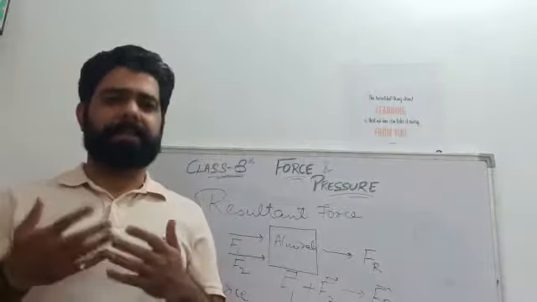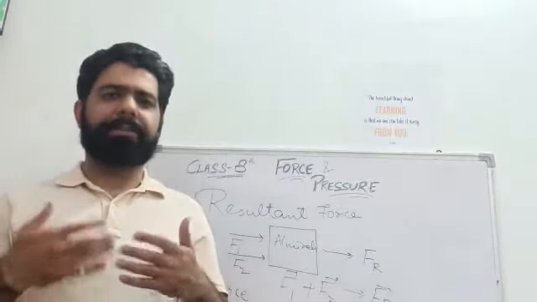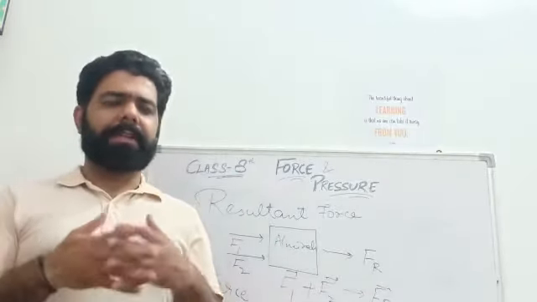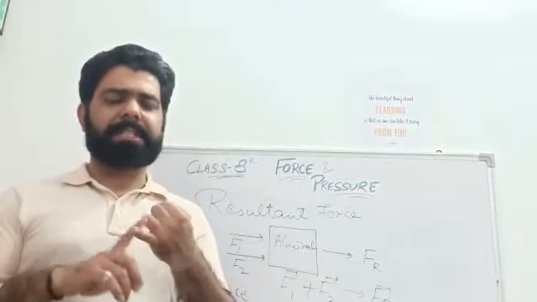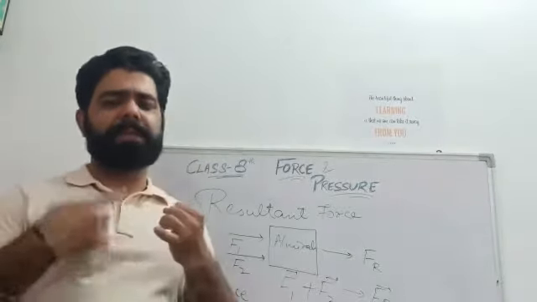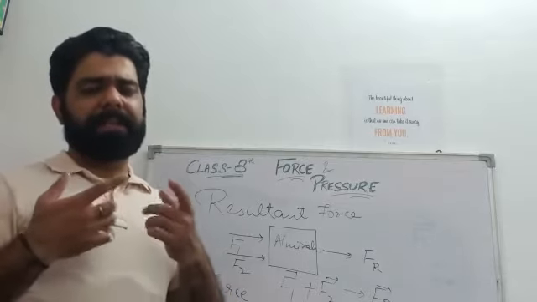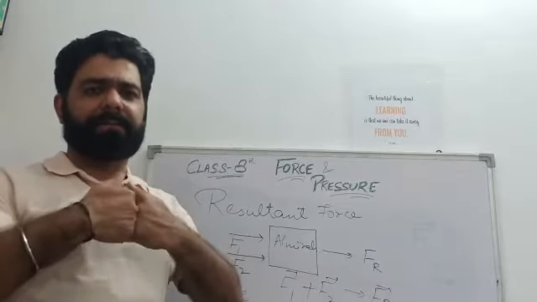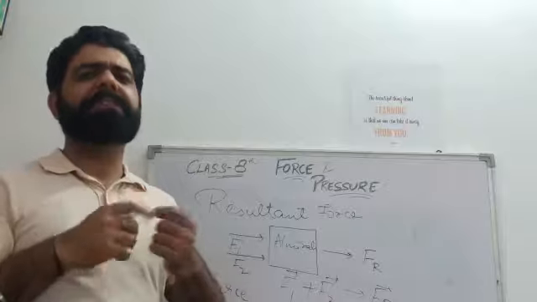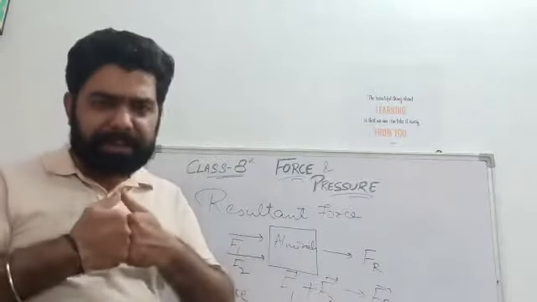And how does it affect the motion? See, when the ball rolls, the ball surface and the surface of the ground are in contact, and the irregularities between these two surfaces get interlocked.